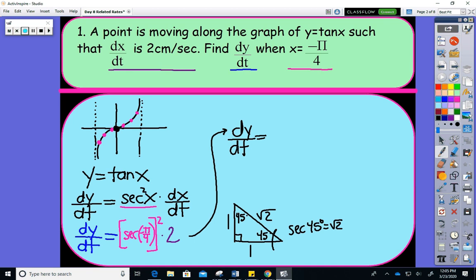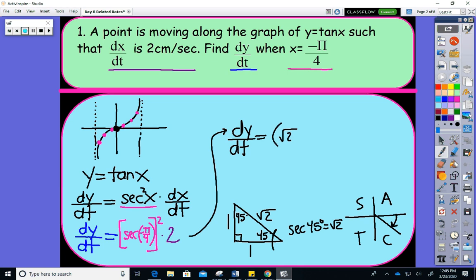And since I've got negative pi over 4, that just means the angle rotates into the 4th quadrant. And in the 4th quadrant, according to All Students Take Calculus, cosine and secant would be positive. So secant of negative pi over 4 is the square root of 2.